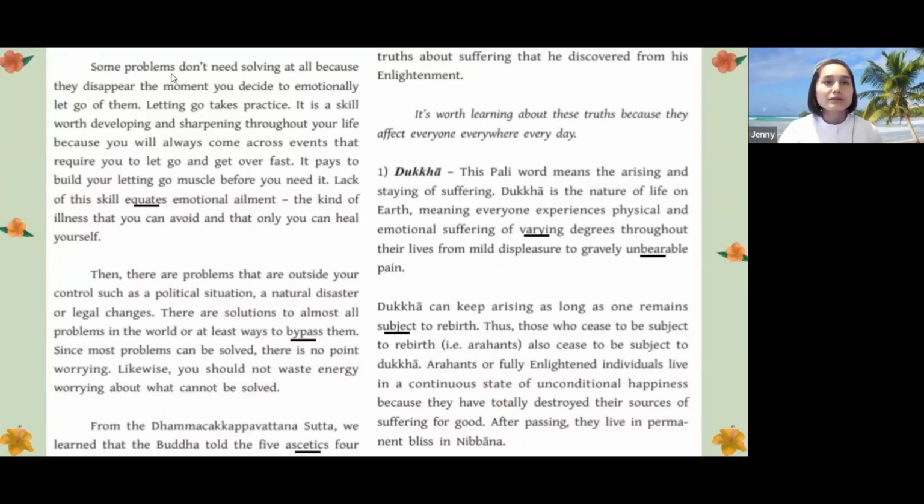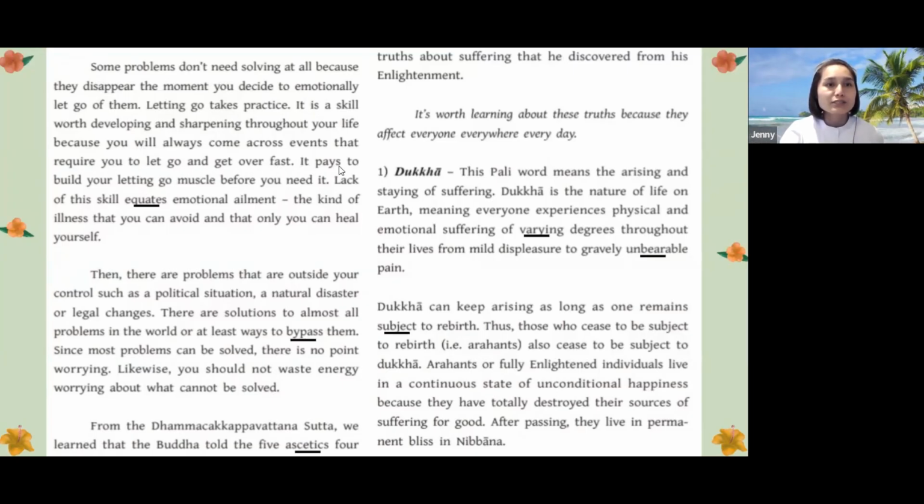Some problems don't need solving at all because they disappear the moment you decide to emotionally let go of them. Letting go takes practice. It is a skill worth developing and sharpening throughout your life, because you will always come across events that require you to let go and get over fast.